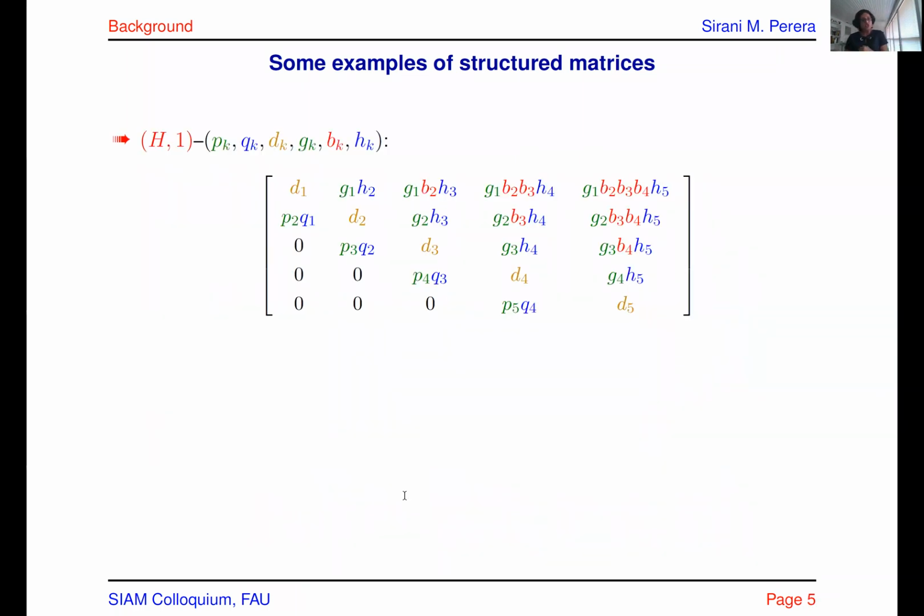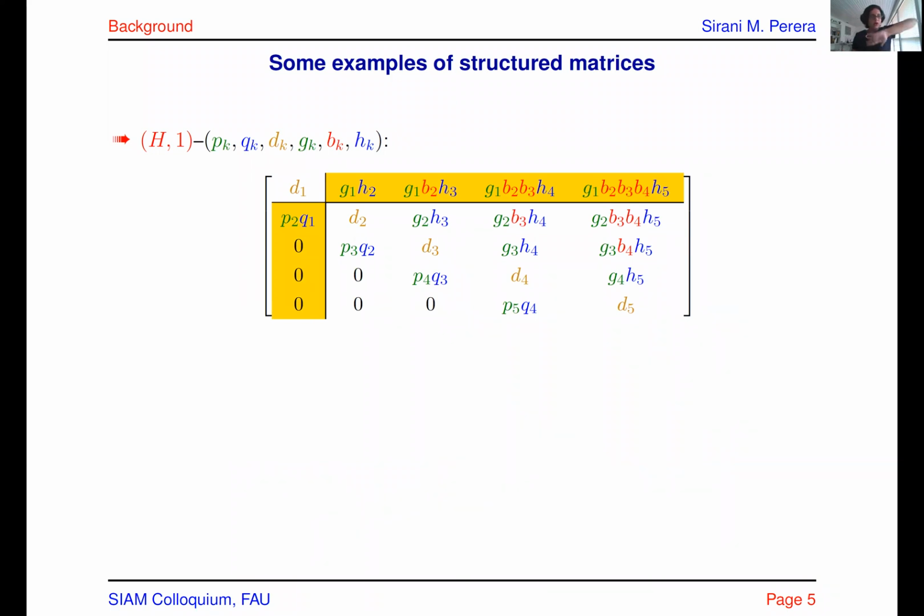The matrix that you see here is called the H1 quasiseparable matrix. The matrix is said to be H1 quasiseparable when all the entries below the lower subdiagonal are 0, which is simply an upper Hessenberg matrix. And then if you block partition like that, the 1, 2 block has rank 1.